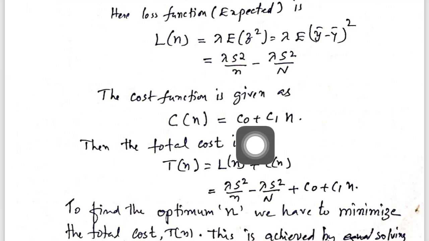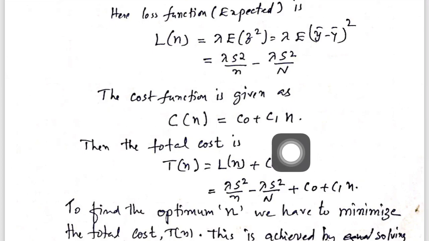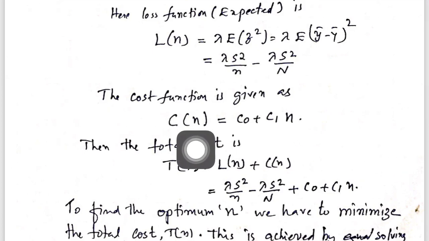C0 is an overhead cost, including stationery cost, printing cost, training cost, etc. And C1 is the cost of enumeration, and therefore C1 into n is the total cost of enumeration for enumerating small n sampling units in the population, and plus the overall cost of the survey will give you C0 plus C1 into n. That is the cost function.